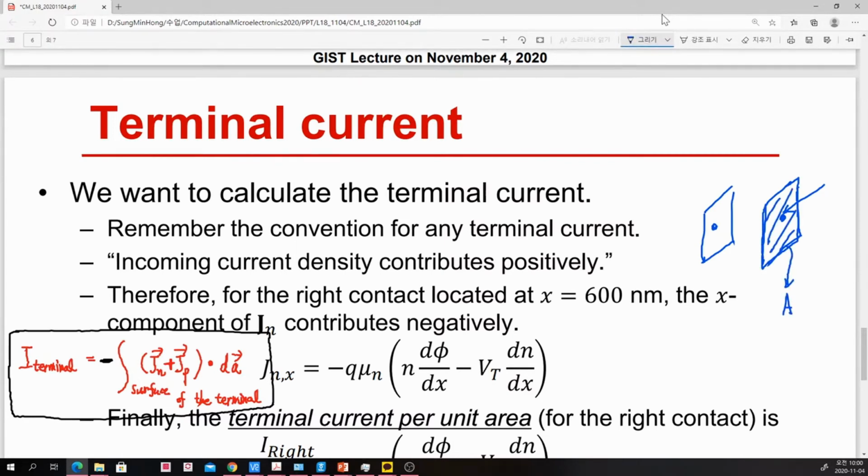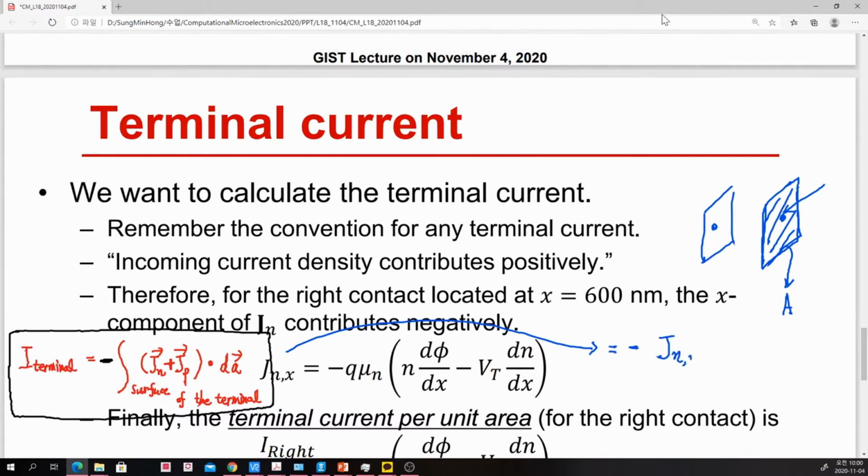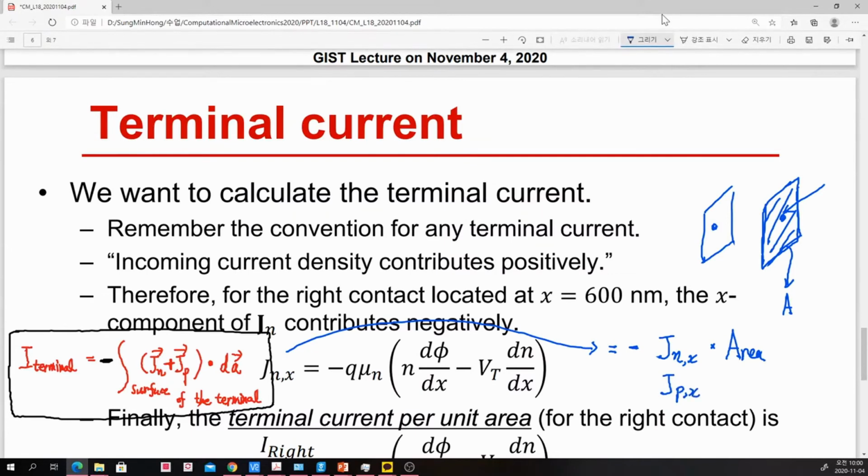So this integration now becomes just minus Jn, x-directional Jn, multiplied by our area. Of course, if we are considering bipolar devices, then we also have to add the contribution from hole current density.